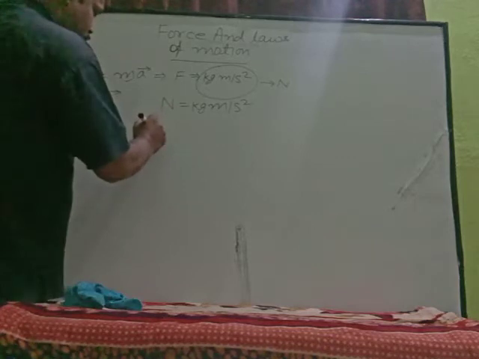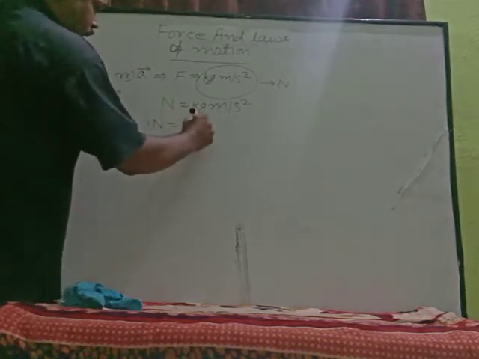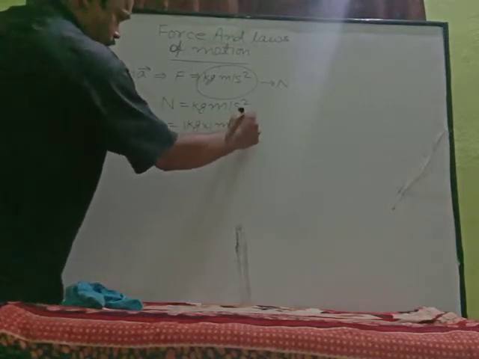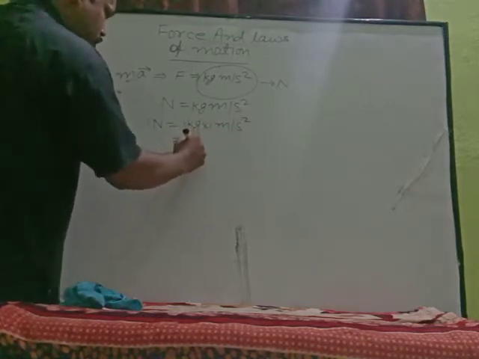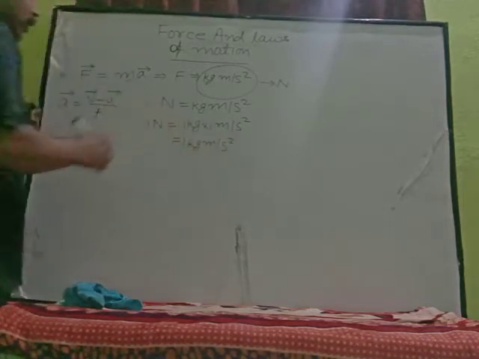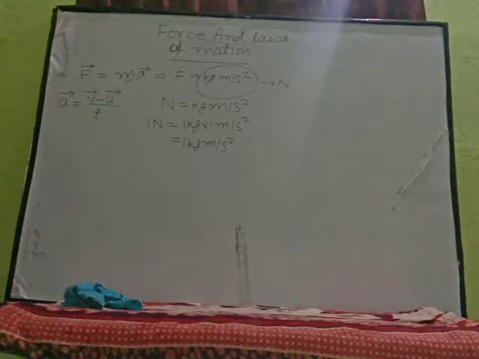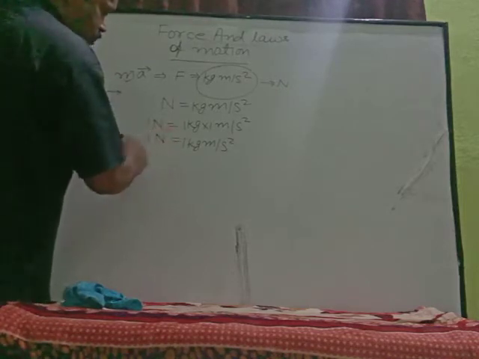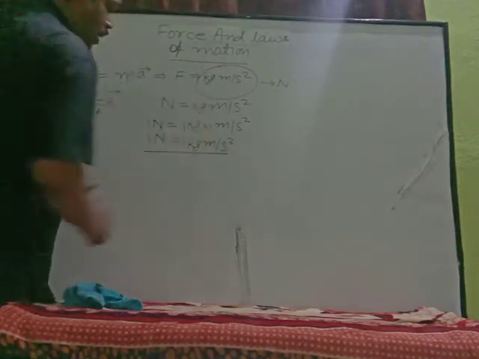Now, what is the meaning of 1 Newton force? Write down 1 everywhere in this expression. It is 1 kilogram meter per second square. So, 1 Newton force is defined in this way.